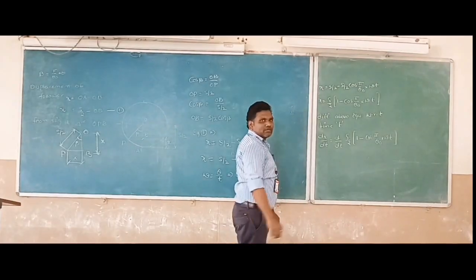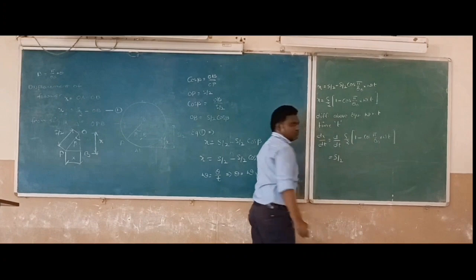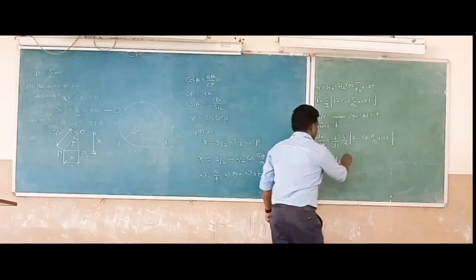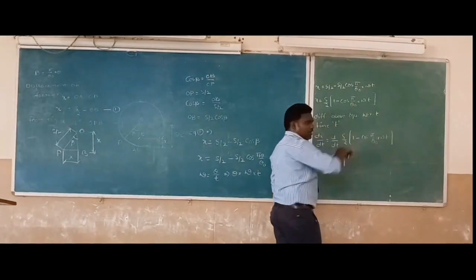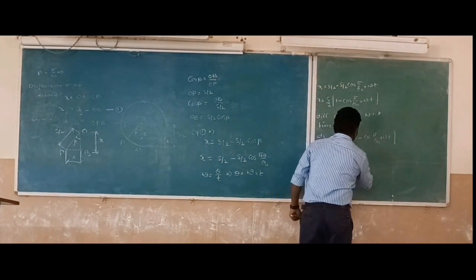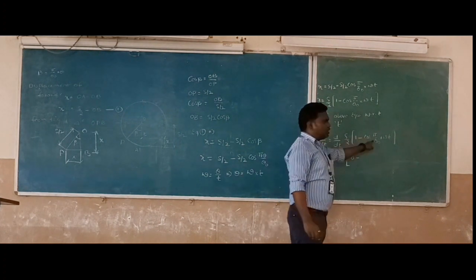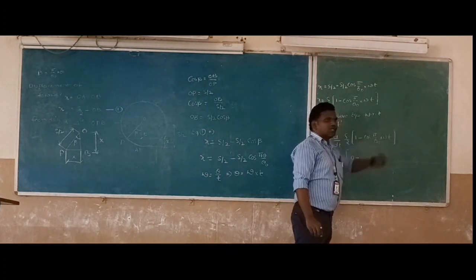So S by 2 is a constant value, S by 2 into d of 1 by dt is 0, minus d by dt into cos pi by theta naught into omega t.